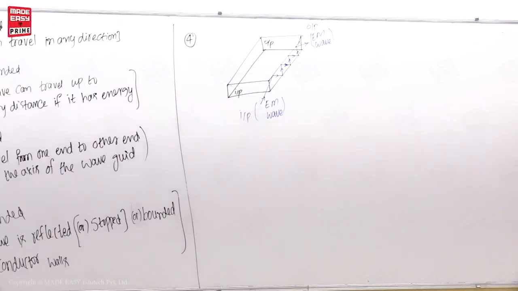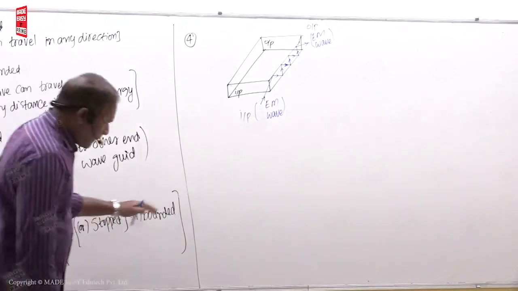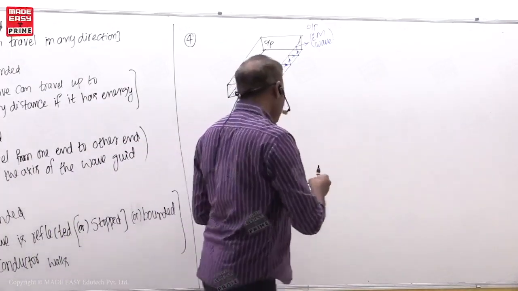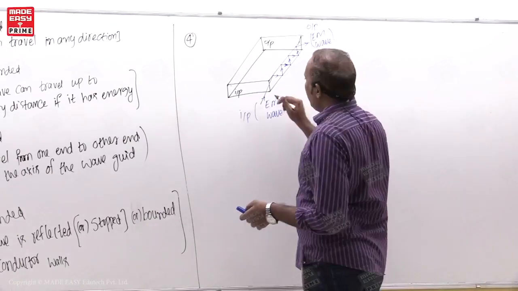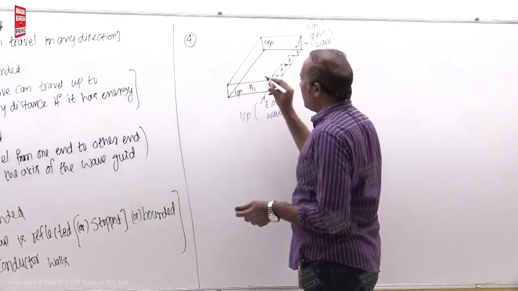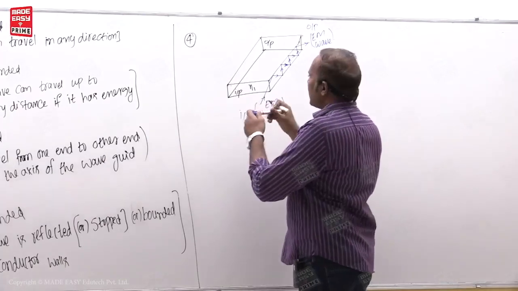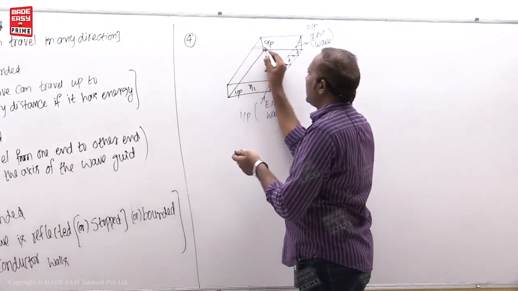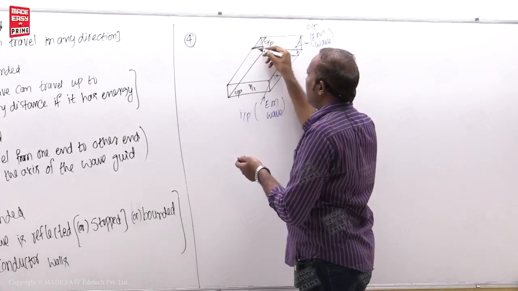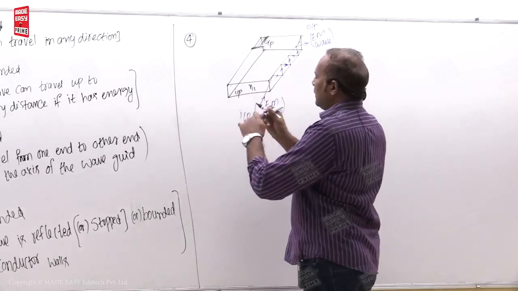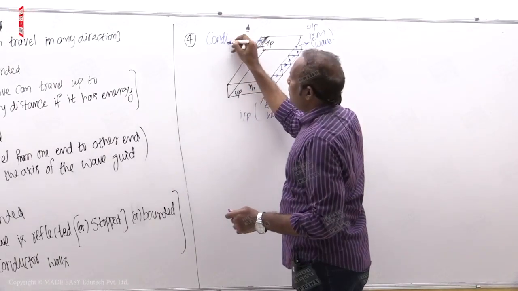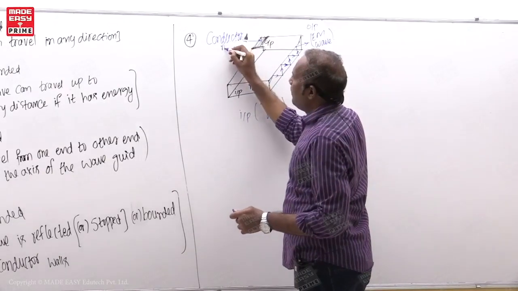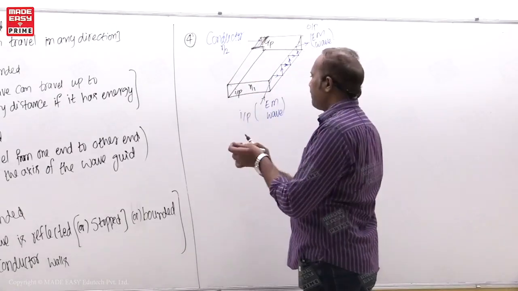So now if you see here, the impedance of this one is eta 1. The impedance of this conductor, the top side conductor surface, is eta 2, let us say.